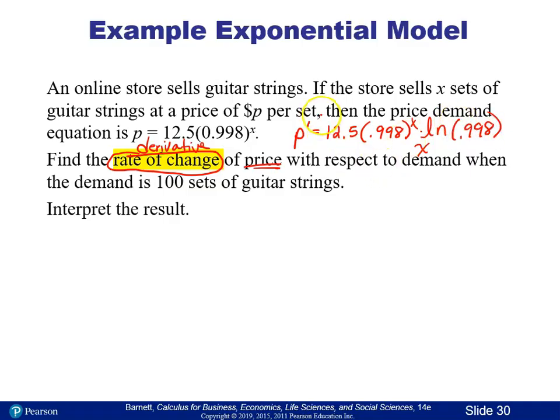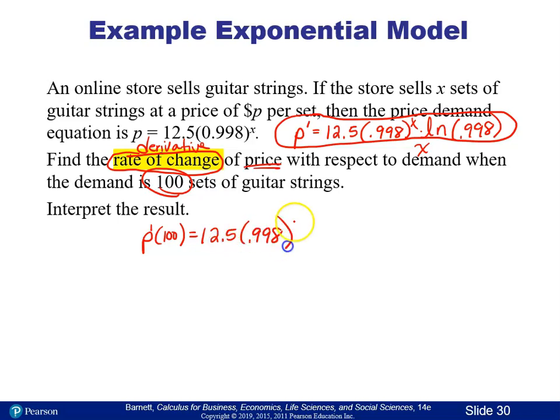Okay, and so that's going to give me the derivative of the price function, which is what I'm asked to find here, except I need it evaluated at 100. So I'm going to find the derivative at 100.